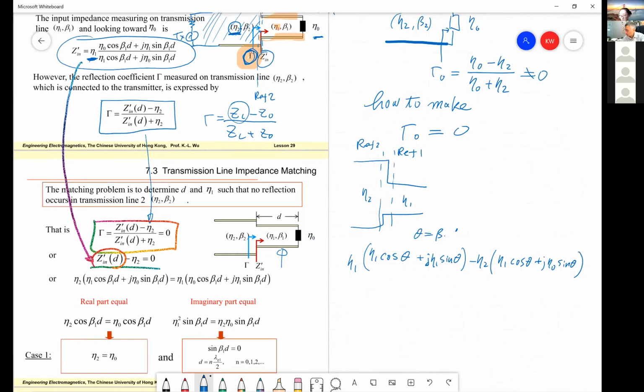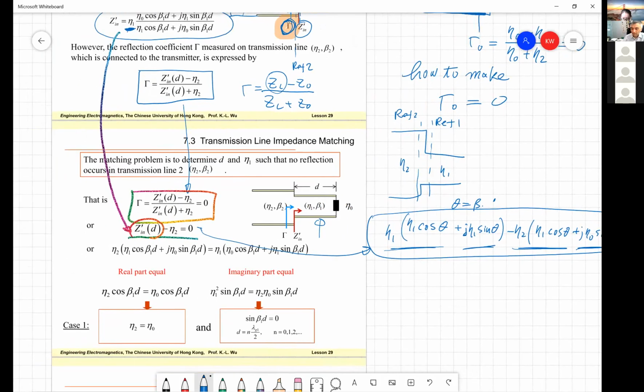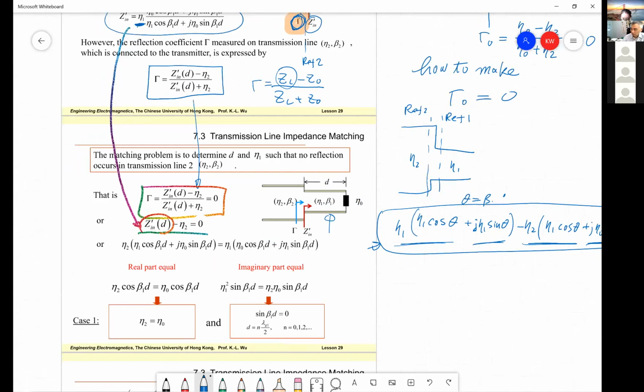This equal to 0, okay? So this means this. Because the first part is the real part and the second part is the imaginary part, right? So if the complex number equals 0, this equals this, and this is this, okay?